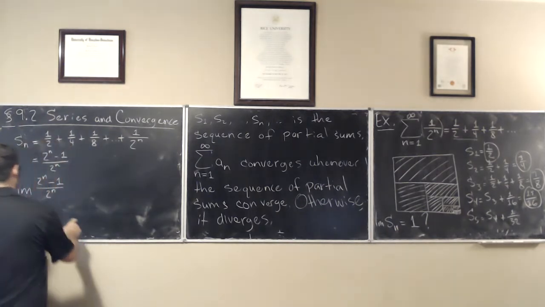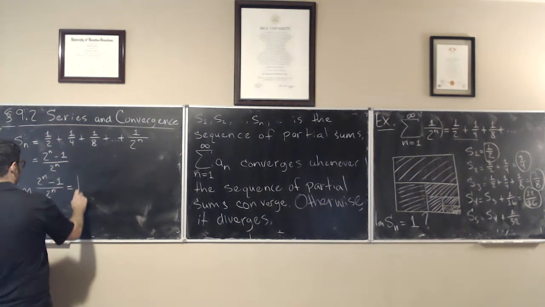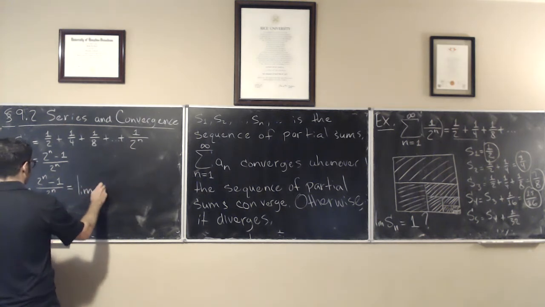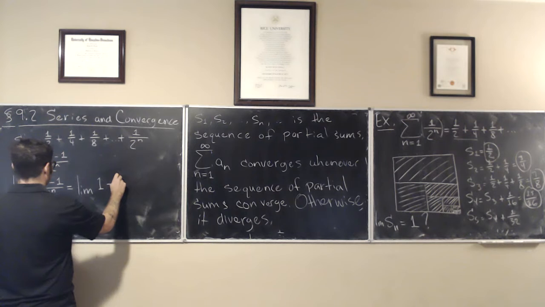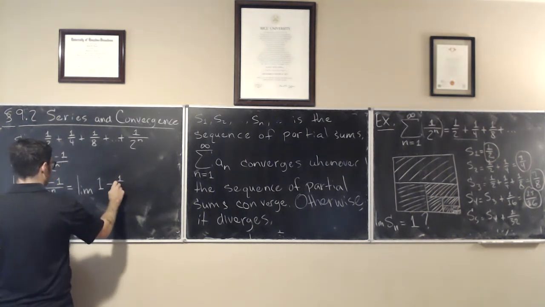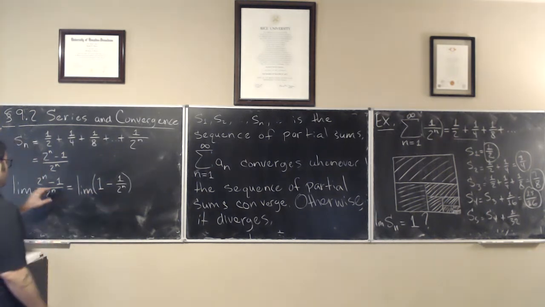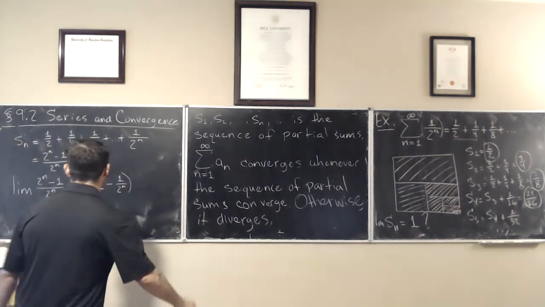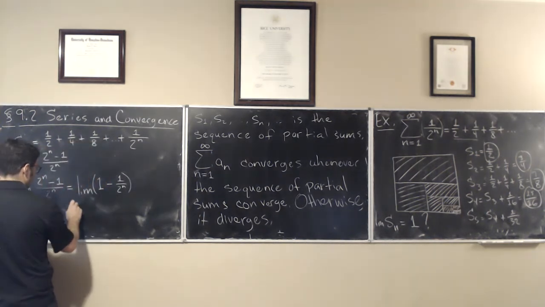Well, this is actually pretty simple. This is the limit of 1 minus 1 over 2 to the power n, right? And we just split that ratio up. And then limits distribute, right?